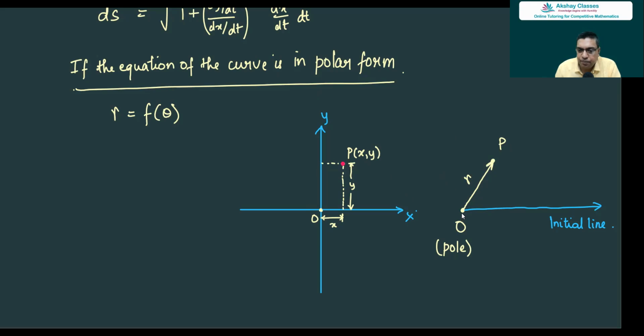This ray OP, if it makes an angle of theta in anticlockwise direction with respect to the initial line, so this angle is theta. So P is defined in terms of R and theta.